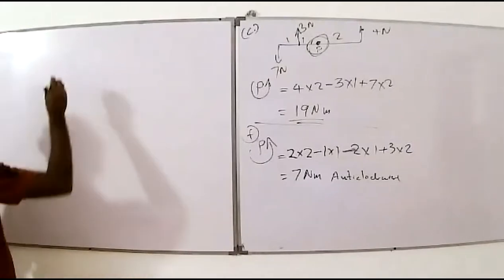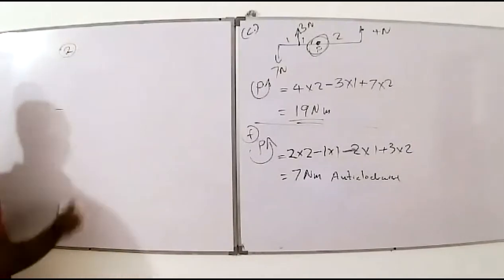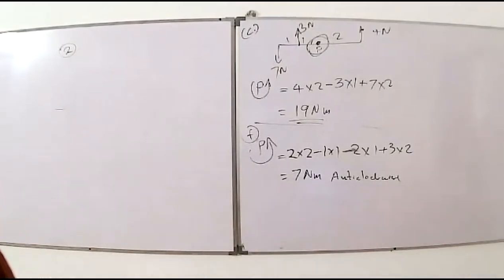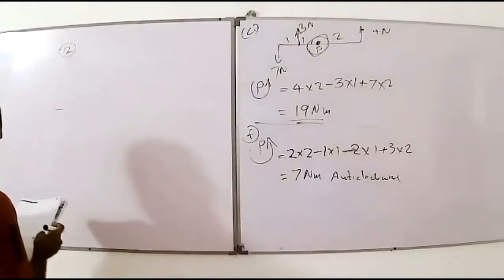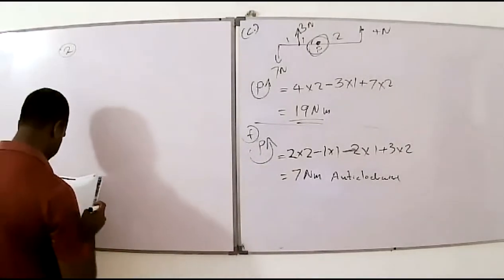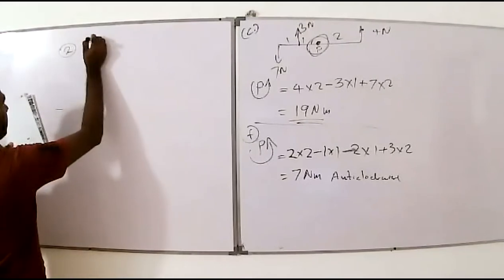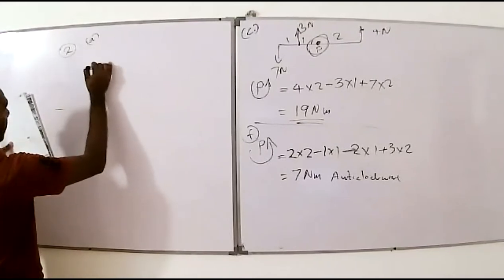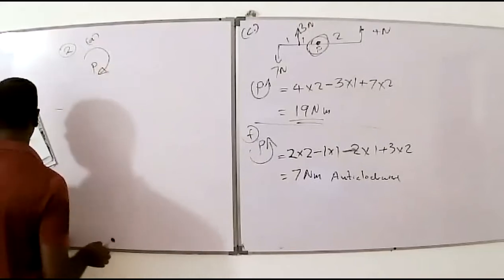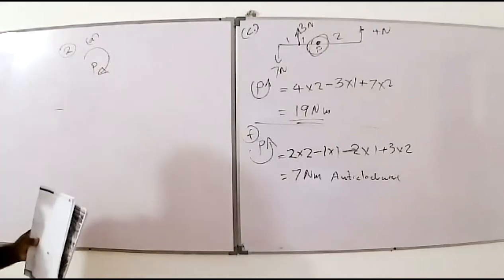So number 2. What is in the question number 2? Okay. Easy part A. What you have to do? Around P, I can take clockwise direction.